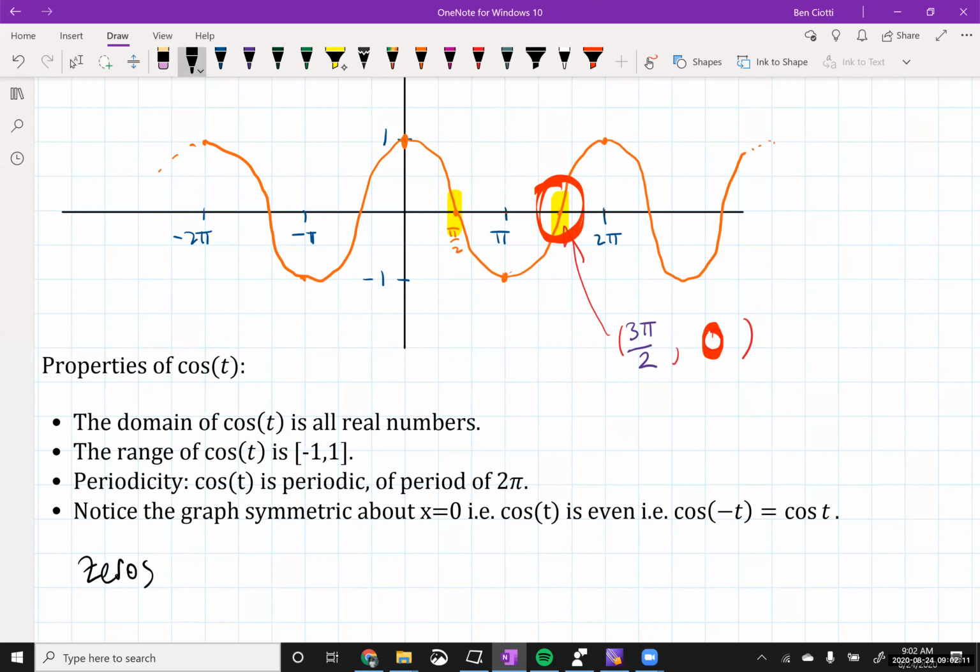So the peak right there is halfway between negative 2 pi and negative pi, which means it must be at negative 3 pi over 2. So that should be the x value, negative 3 pi over 2. Okay. Any questions?